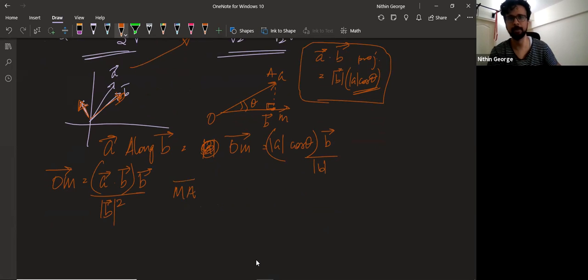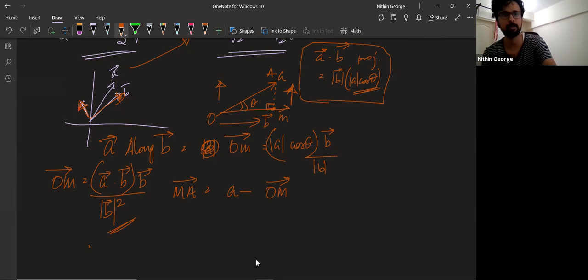What can I say for the MA vector? That is nothing but A minus the OM vector. As simple as that. So the OM vector is this component and the MA vector is the component perpendicular to B.